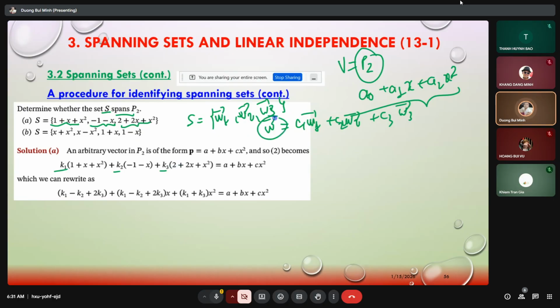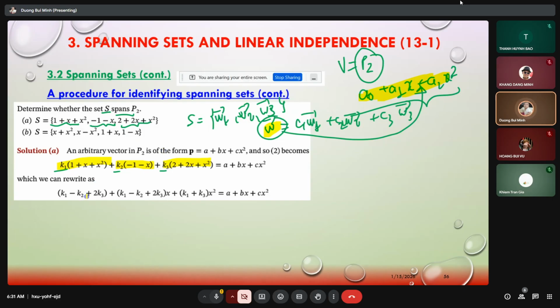W is the arbitrary vector belonging to vector space V, so this is general. So we get vector W equals K1 W1 plus K2 W2 plus K3 W3.